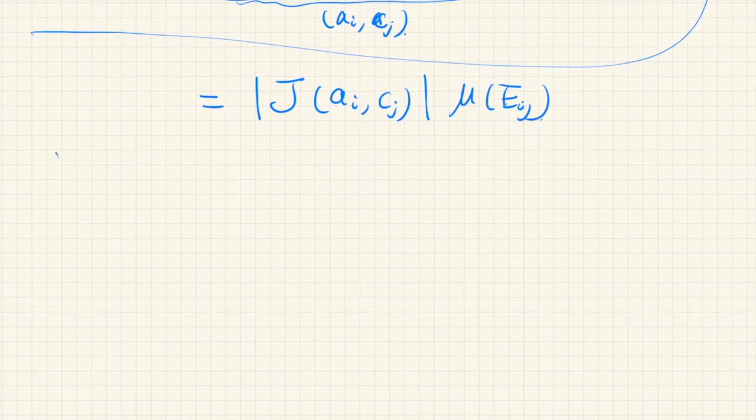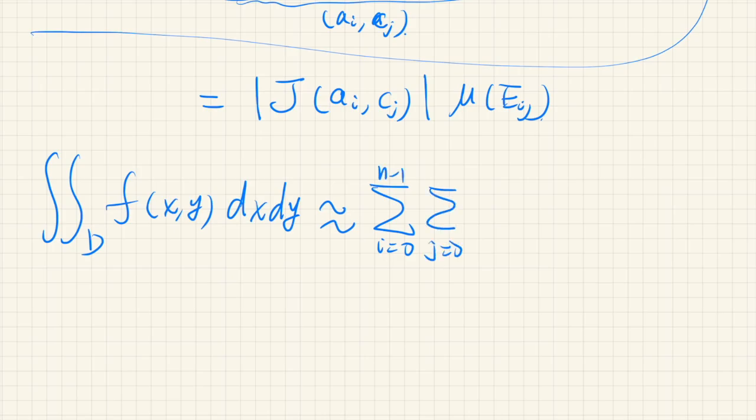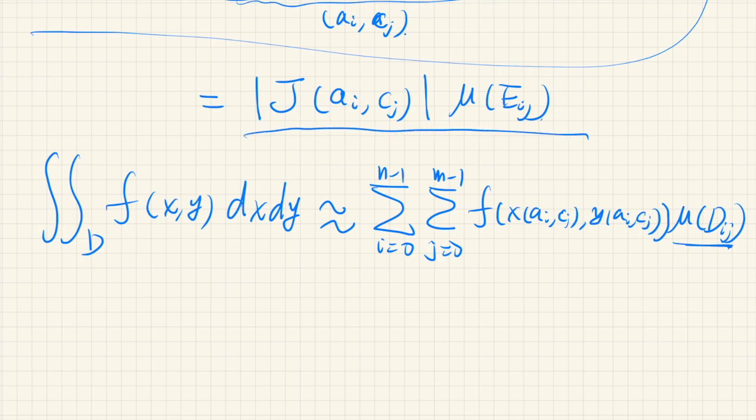So if we go back to the definition of multiple integral, this is approximated by this: the sum with i from 0 to n minus 1 and j from 0 to n minus 1, of the values of f at ai, cj and the area of Dij. And this area is approximately this.